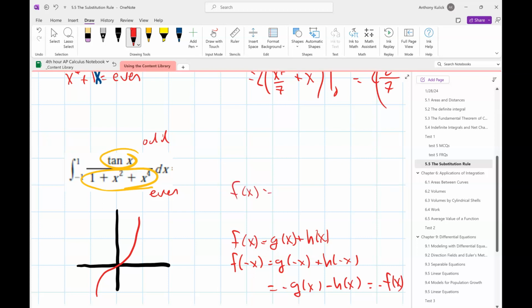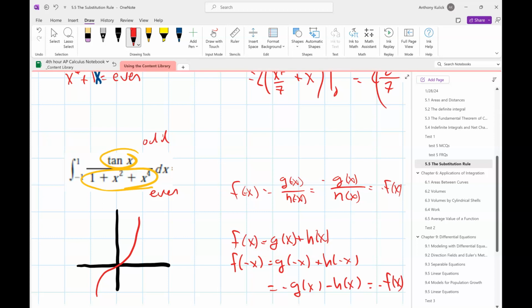So again, if you think about it as odd over even, if I do f of negative x, I'd have negative g of x because it's odd, and just regular h of x because it's even, that is negative f of x. So odd over even is odd.